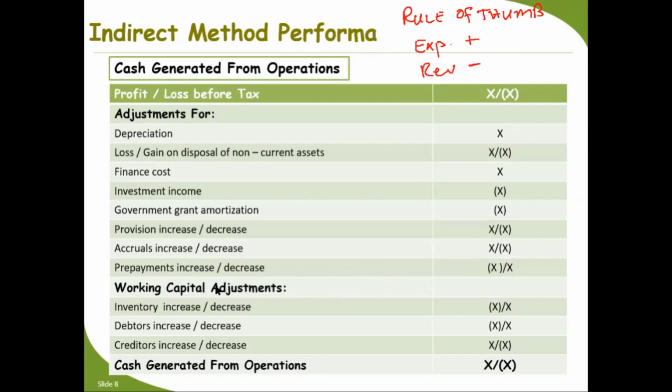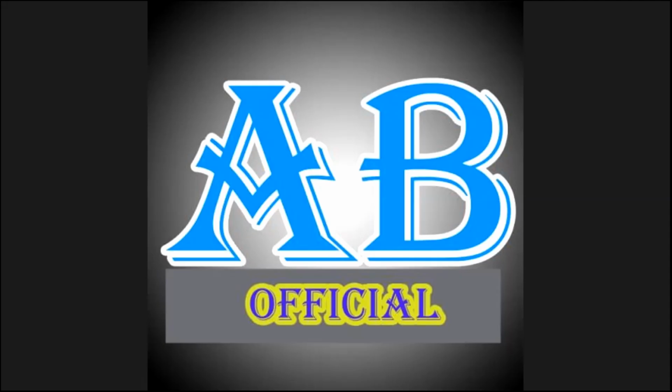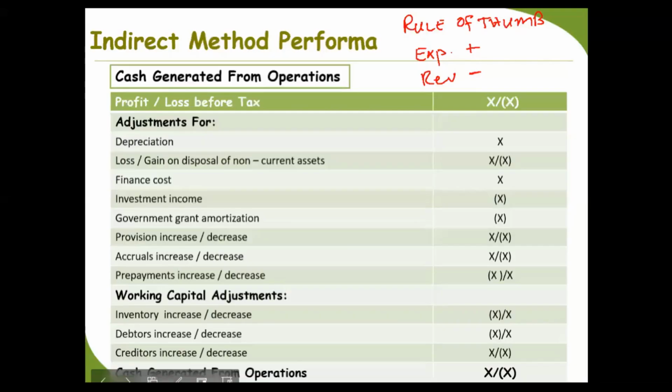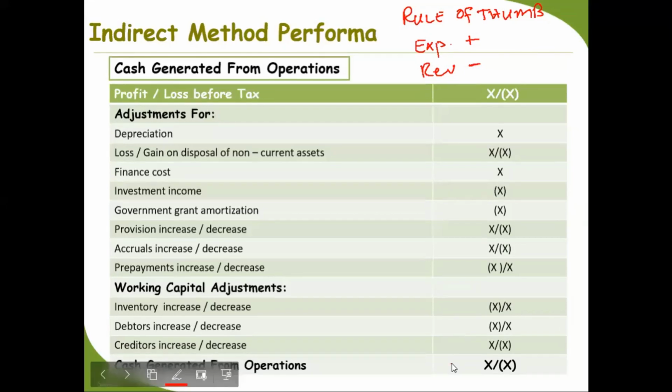Then again, working capital adjustments, these are the three things: inventory, debtors. So if there is an increase in inventory or debtors, that will be subtracted, and if there is a decrease, it will be added back.